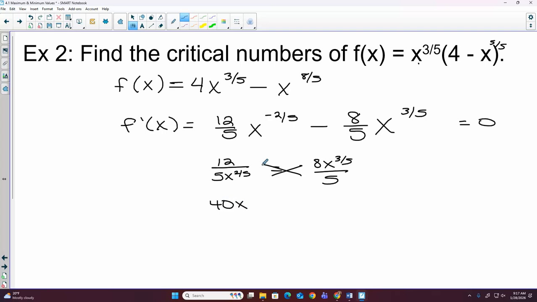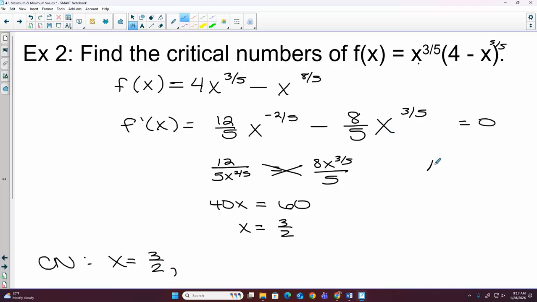When you add those, 5/5 is 1. Divide by 40, so 60/40, 6/4 would be 3/2. So my critical numbers, x is 3/2. Okay, that's when the derivative is 0.